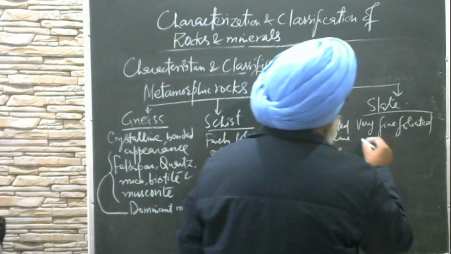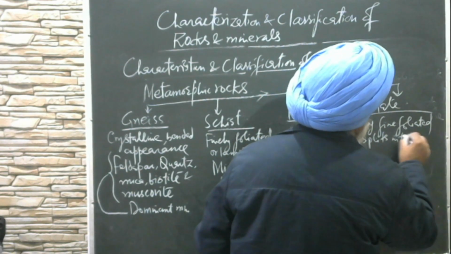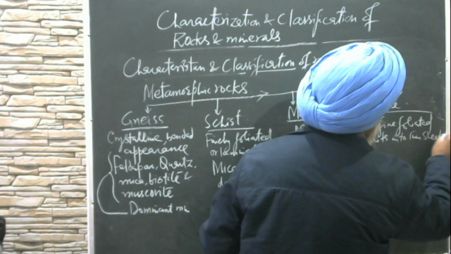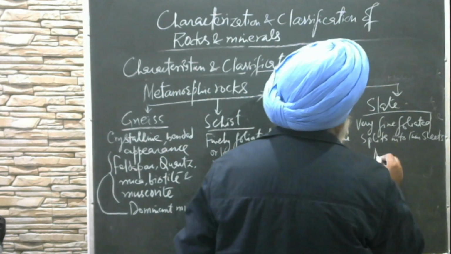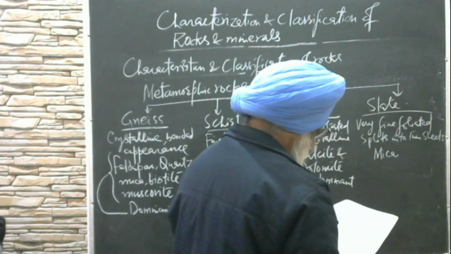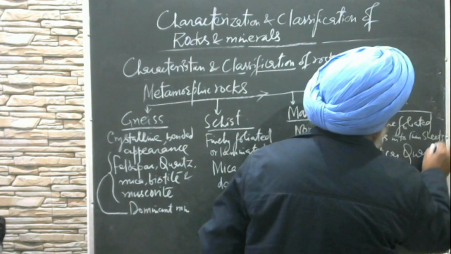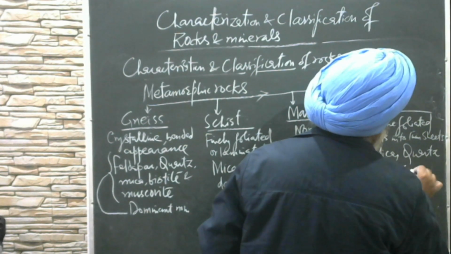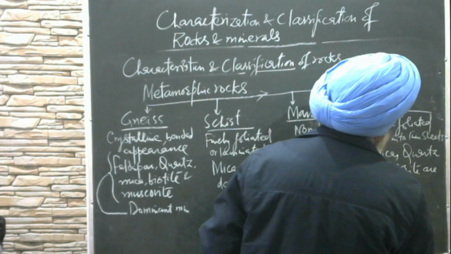Splits into thin sheets because it's foliated. And the dominant minerals are mica, quartz and chlorite.